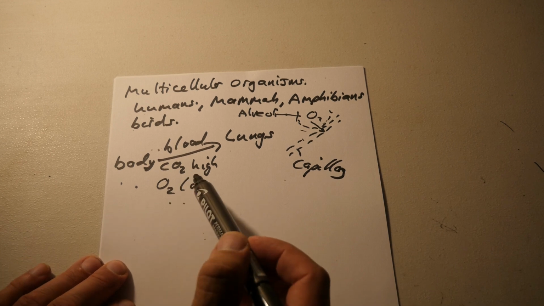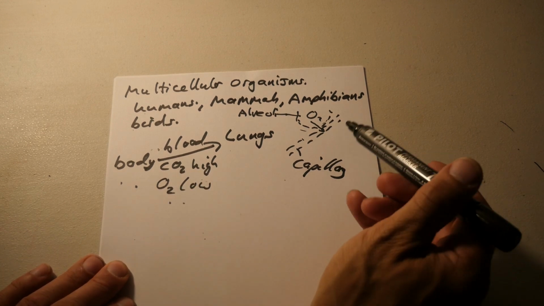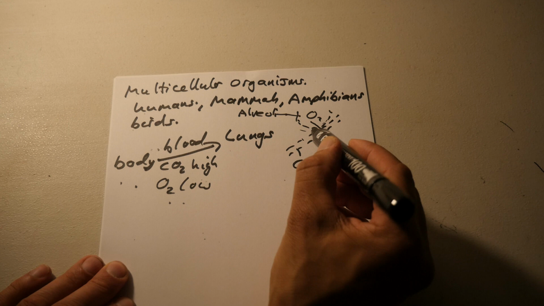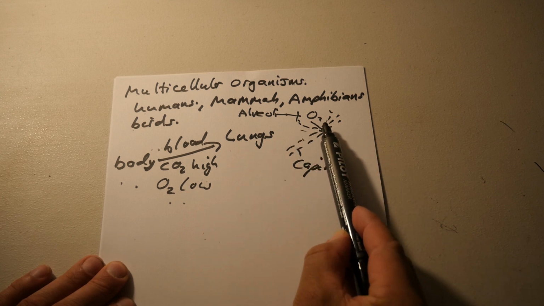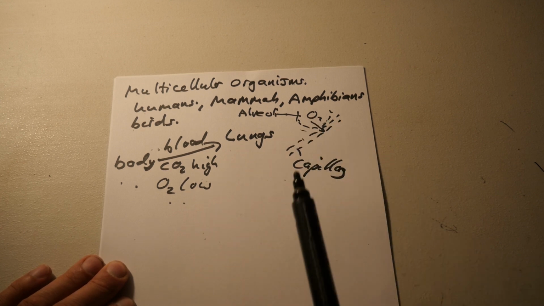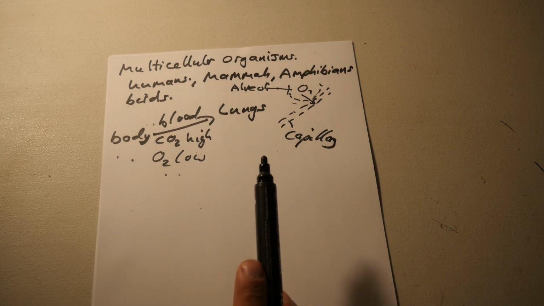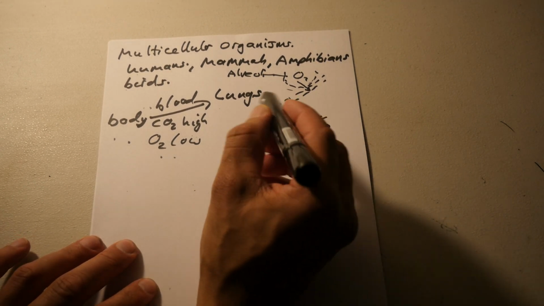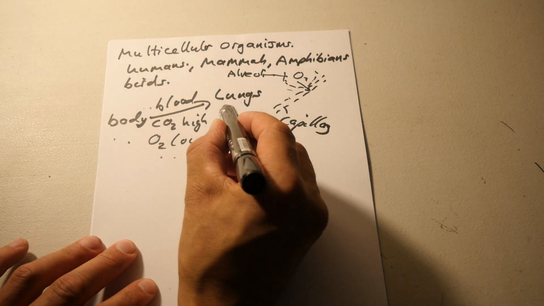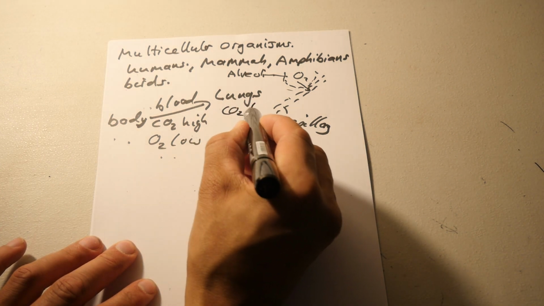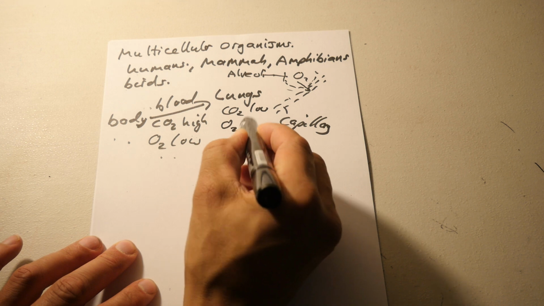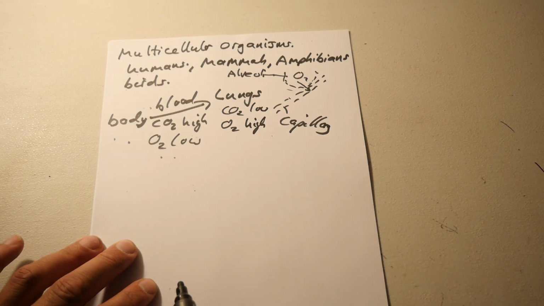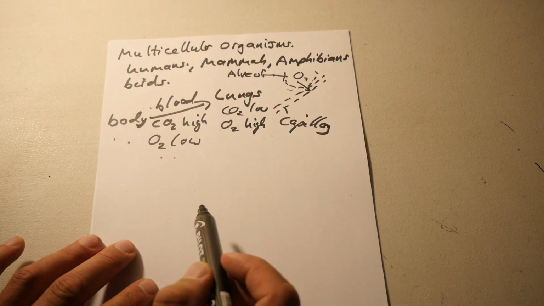And the CO2, of course, diffuses out of here and into the alveoli. So in the lungs you have CO2 low and O2 high.